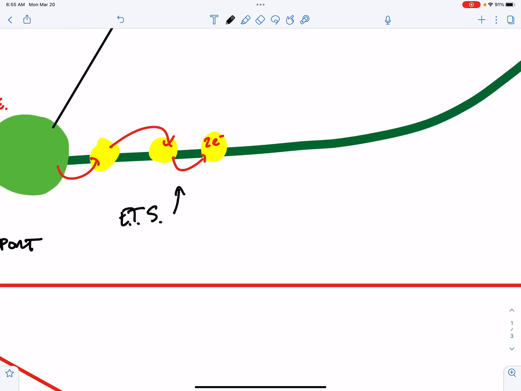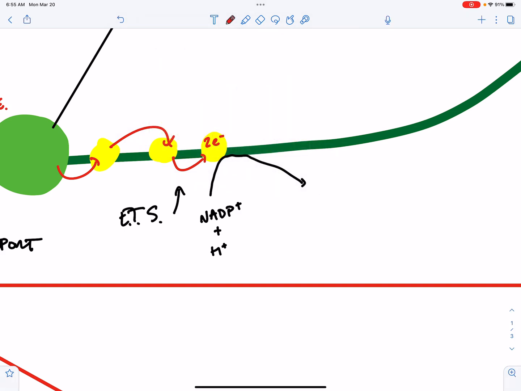Our lead suitcase is called NADP+. This has a positive charge, and we're going to add 2 negative charges. So we also need to add 1 H+ to our reaction, and we're going to pick up those 2 electrons.